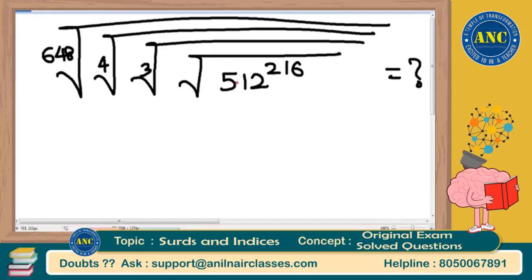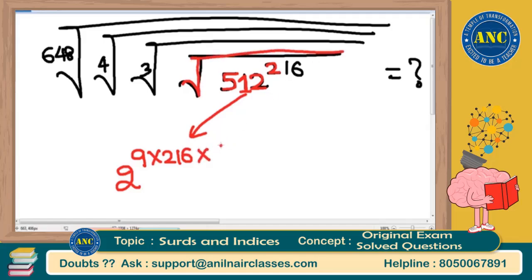What I can do is, 512 is nothing but 2 power 9, right? 2 power 9 to the power of 216. 216 I will write it as it is, into 216. Why? Because a power n whole power m is a power n into m, and then again power 1 by 2 is there.